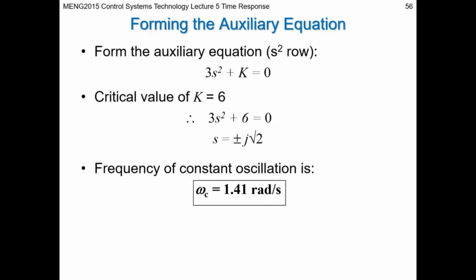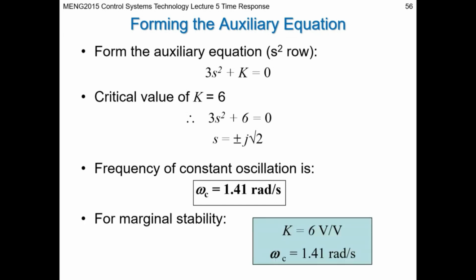Root 2 is 1.41, so at a marginally stable state, this system is going to oscillate at 1.4 radians per second. So now we have two basic important pieces of information from this analysis. Firstly, what our gain is for marginal stability, and secondly, when the system is marginally stable, what the frequency of its oscillation is going to be.